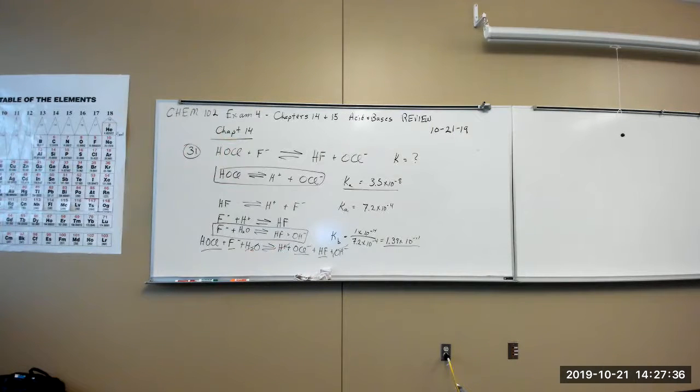Or do we add them? According to this, we add them. We add the K's. I'm not sure that's right. Equilibrium.